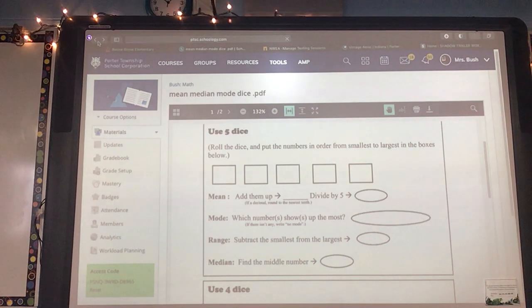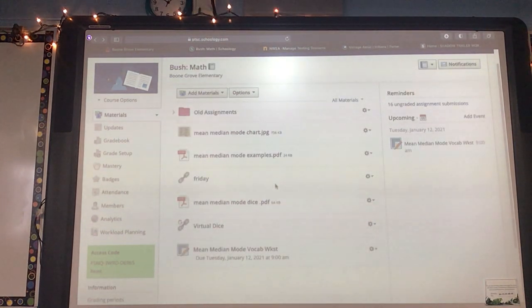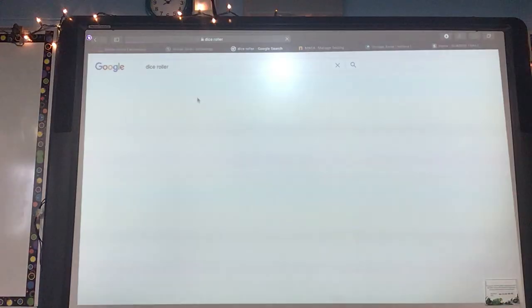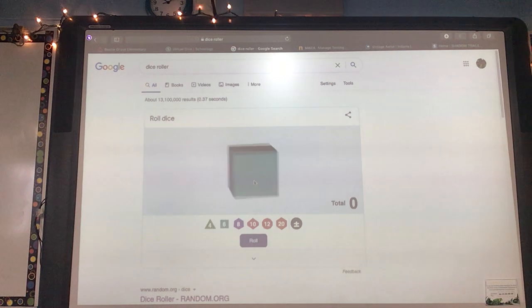And then also on Schoology, you'll see a link that says Virtual Dice. When you click on this, it's going to take us to a dice that we can use. And you can choose 4, 6, 8, how many sides? We're going to do a 6-sided dice.